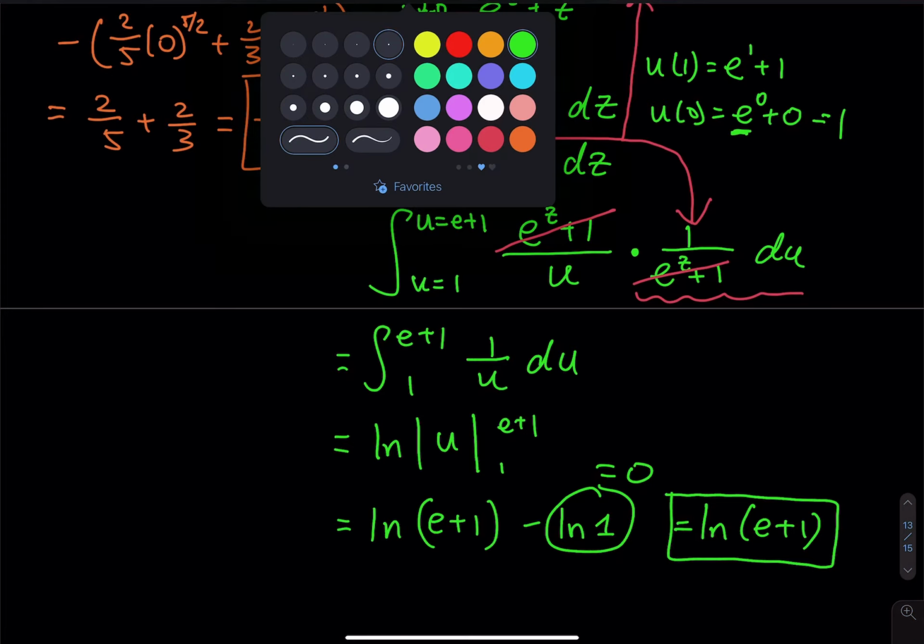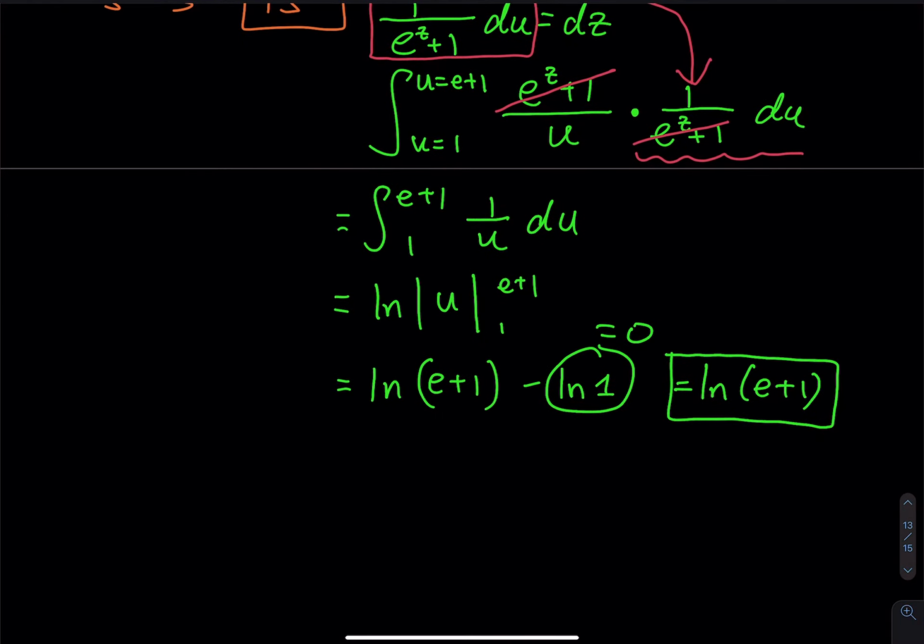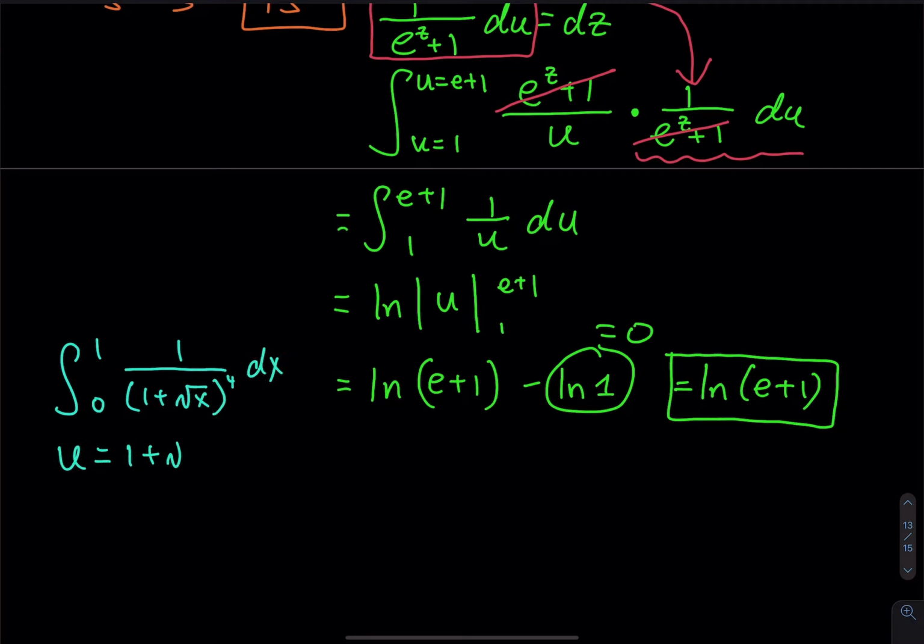So the last one we have the integral from 0 to 1, 1 divided by (1 plus the square root of x) raised to the 4th power, dx. Then obviously the u is 1 plus square root of x. Then du is equal to, bring the 1/2 down, x to the negative 1/2, dx.